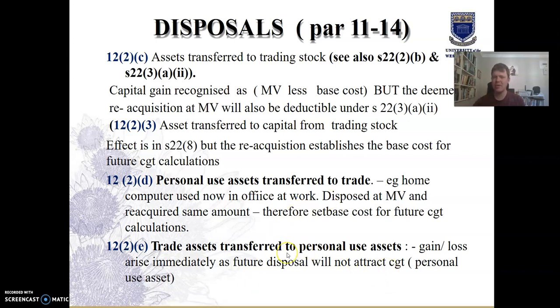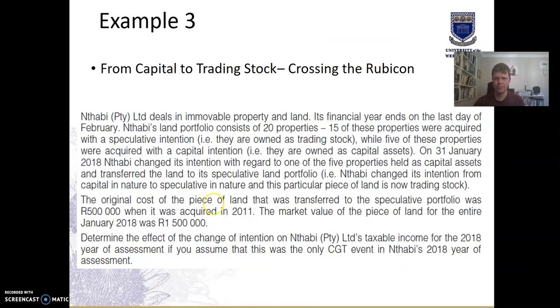The exact same thing in the opposite. So if it was trade and it becomes personal use, it is deemed to be sold and acquired on the day it changes. There will be a gain or a loss before, but then afterwards, any gain or loss will be exempted because it is now personal use.